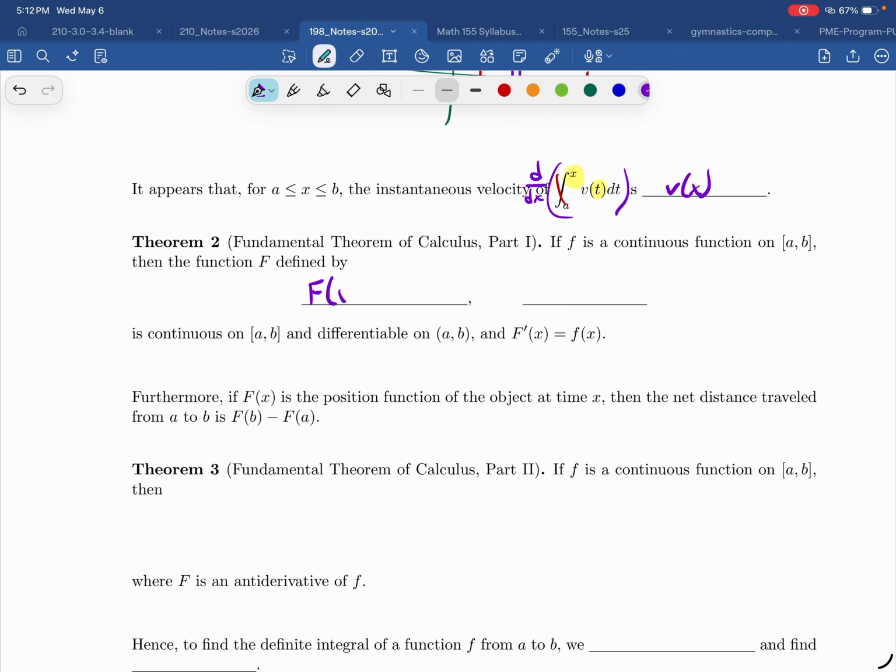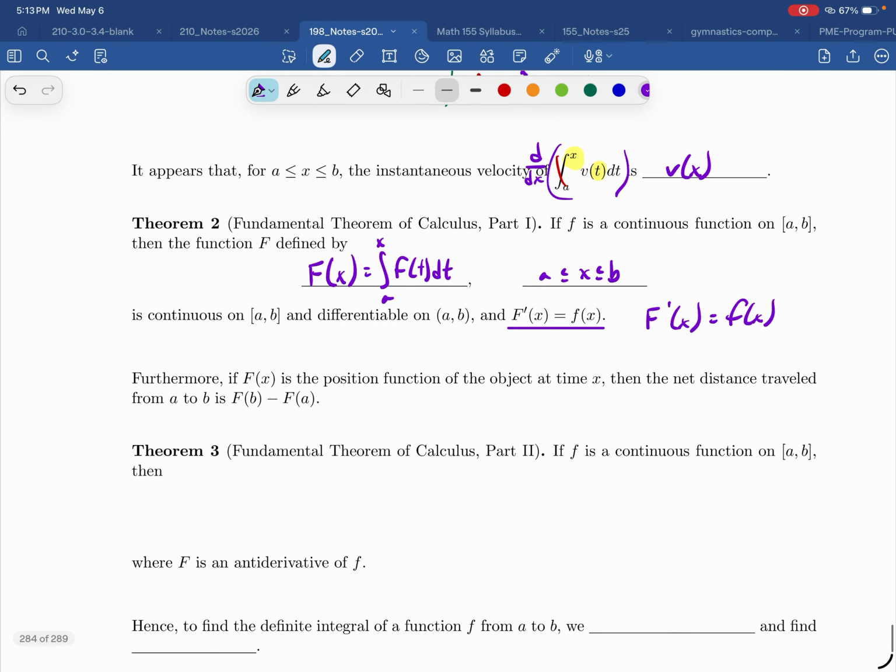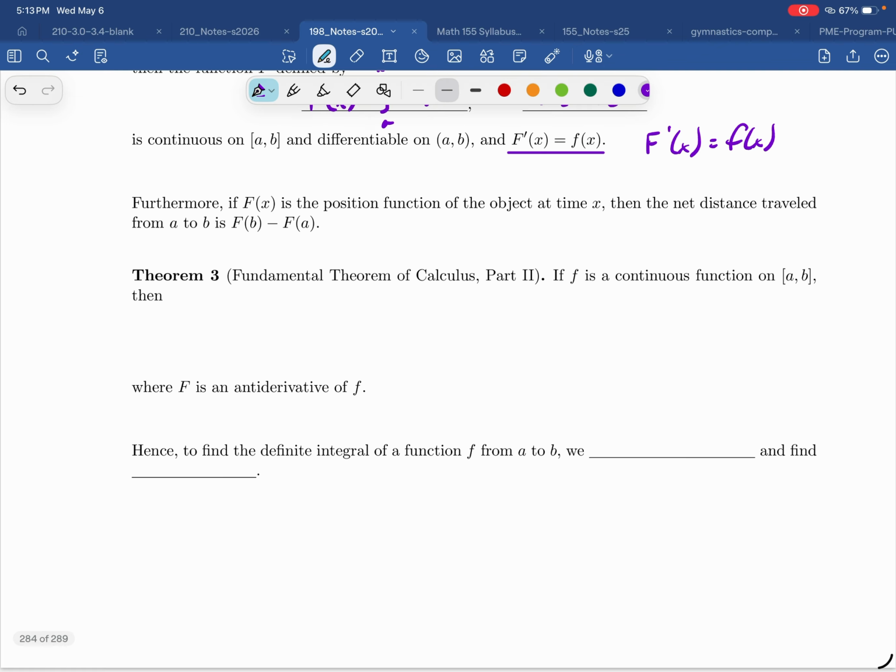If we define big F of x to be the integral from a to x, a is a constant, x is the variable, of f of t dt, and we're assuming that a is between the bounds, then it turns out this is the case. I'll write that again. Big F prime of x equals little f of x. Okay? Fundamental Theorem, part 2.